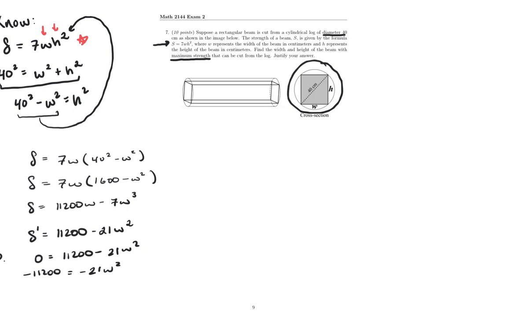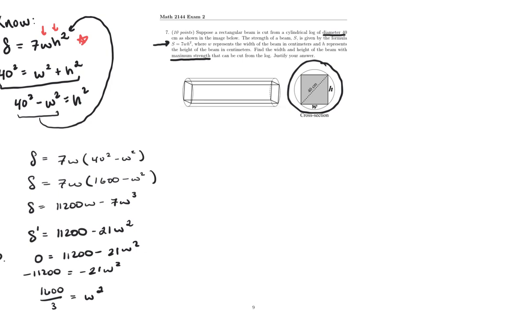A negative number divided by a negative number gives a positive number, and they both have a factor of 7 in common, so I get 1,600. Oops, I accidentally hit the highlighter. So 1,600 divided by 3 is equal to W squared.